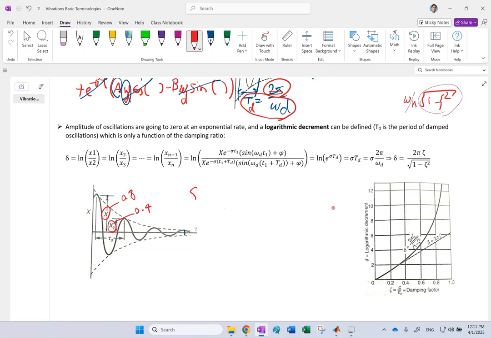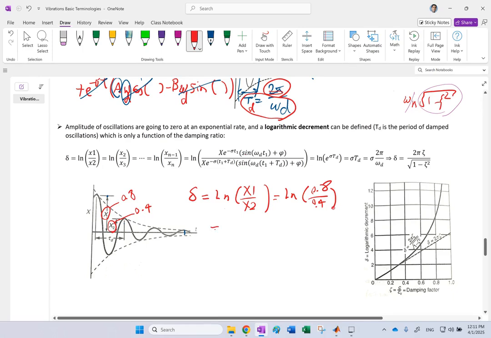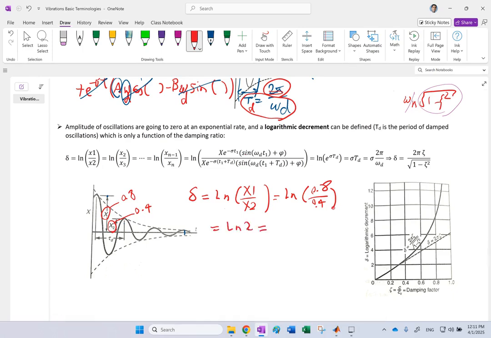So in this case, delta is natural log of x1 over x2. So it's natural log of 0.8 over 0.4. So it's natural log 2. Yes? Now this is equal to 2 pi zeta over square root 1 minus zeta squared.